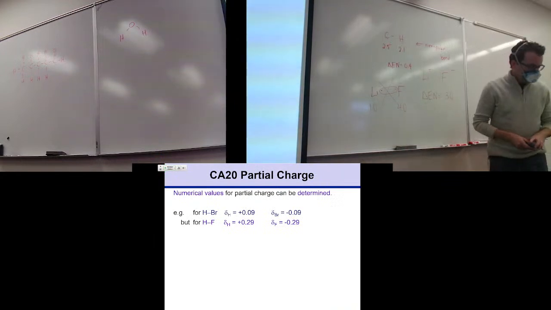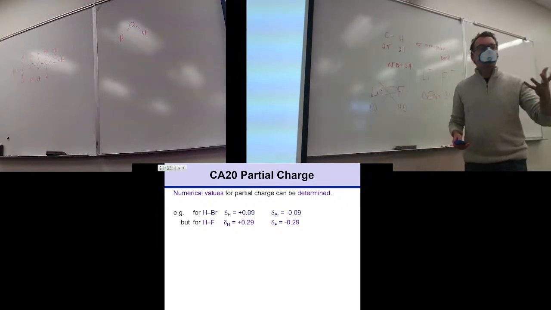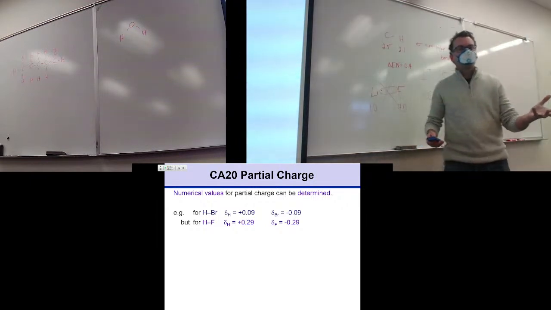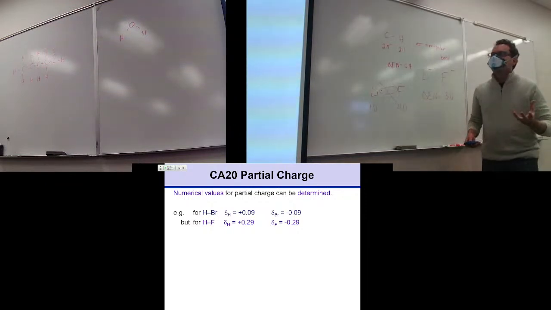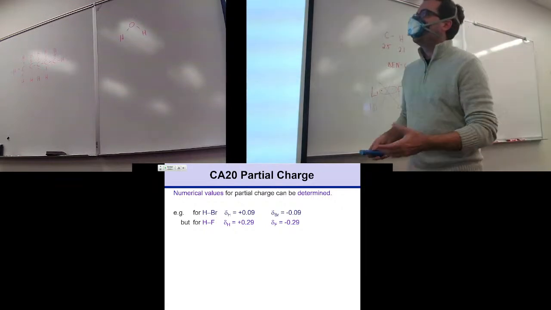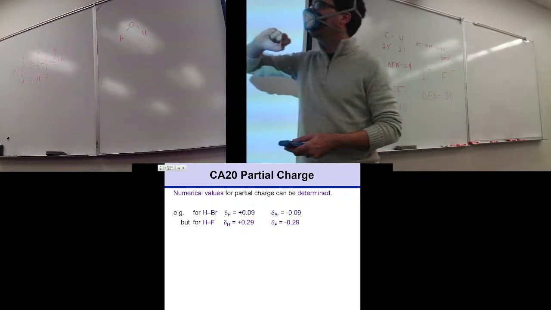I think we saw these or something like it, but we don't normally care about the values of what these charges are. A partial charge we do know is less than 1. If it was a full +1 charge, it would be ionic at that point, which they're not. So these are partial charges, but if we actually calculate or measure these charges, we can see the strength of the polar bond.